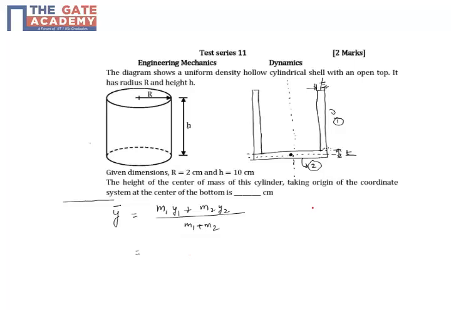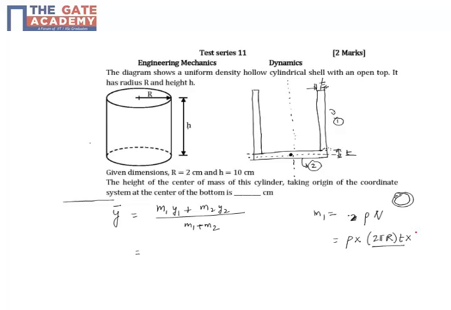Now we'll start with body 1, the cylindrical shell. If you look from the top, the cylindrical shell is a ring, so 2 pi r is the perimeter. The area of cross section has a very small thickness. Mass is density into volume, and volume is area of cross section into length.